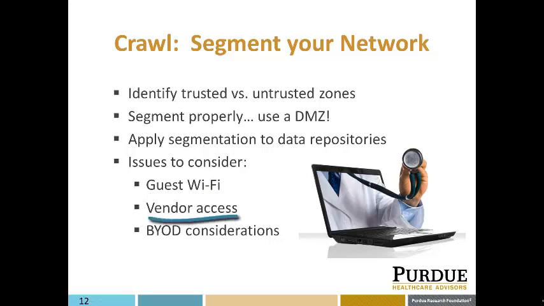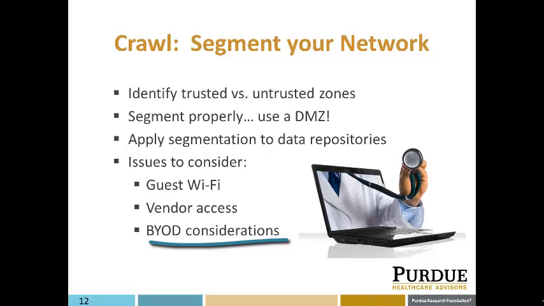Vendor access. This is kind of the hybrid area. We trust these folks, right? We're paying them to provide a service to us. We likely have strong contractual agreements that indicate that they obviously need to keep their end devices secure. But again, they don't need full access to our administrative network. They need access to get their job done. So keeping that in consideration is very important. And of course, bring your own device.